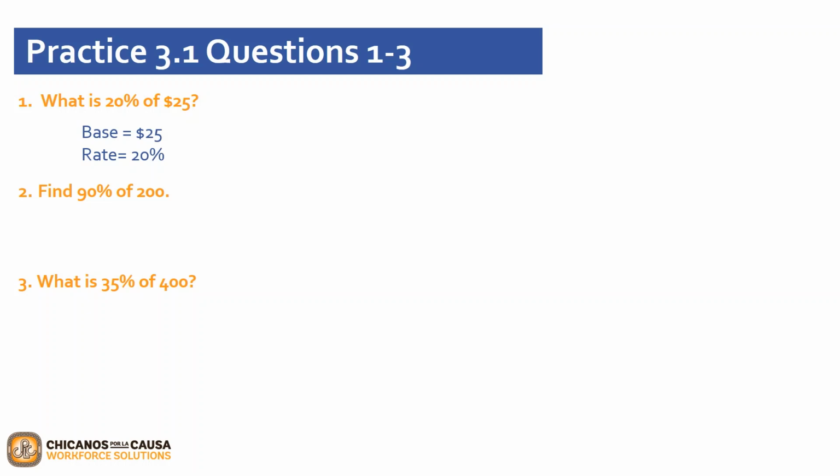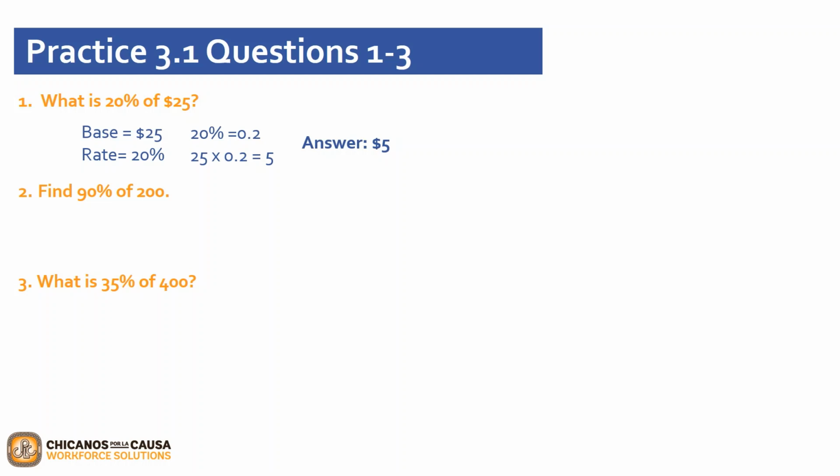We need to solve for the part, so we need to change 20% to a decimal and multiply by 25. So 20% equals 0.2 and 25 times 0.2 equals 5. This gives us our answer of $5.